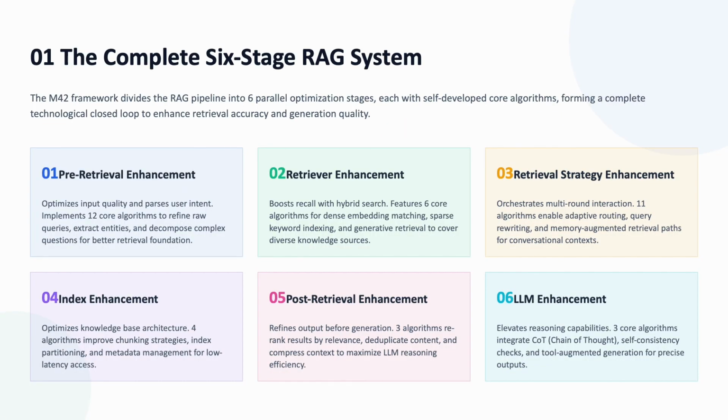The M42 framework reconstructs the traditional RAG pipeline and splits it into 6 mutually complementary, parallel optimization stages. Each stage is empowered by self-developed exclusive core algorithms, forming a closed-loop technological system that comprehensively lifts retrieval accuracy and final generation quality. Let me go through each stage one by one.